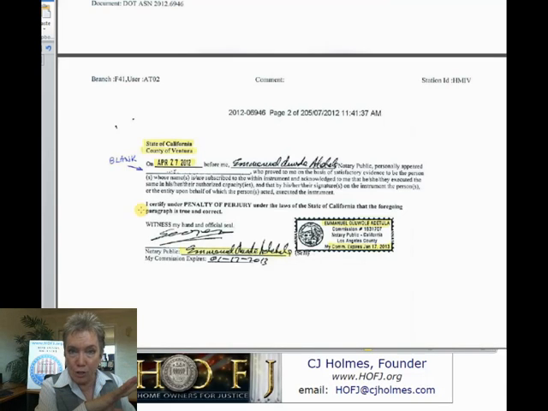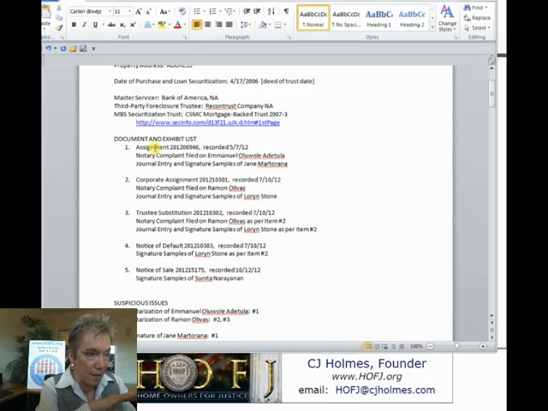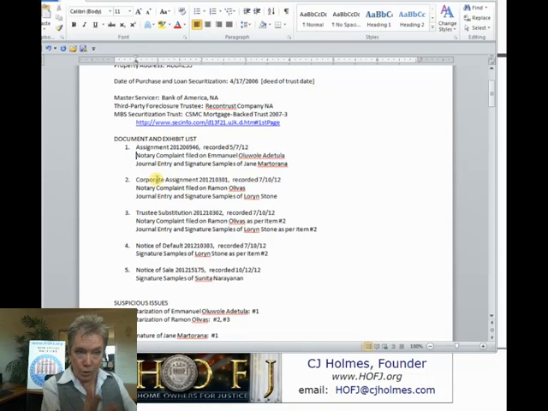So this is the first assignment. What we did here was we put the assignment, the number, what date it was recorded, and then a notary complaint filed. Now, if the person whose property this is has or has not filed, they should. They need to get the oath. They need to get the original signature.